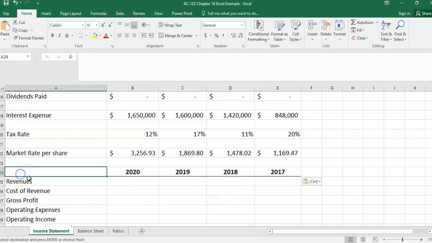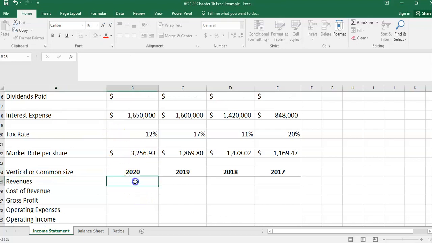And this is vertical or common size. So we take everything as a percentage of revenues.